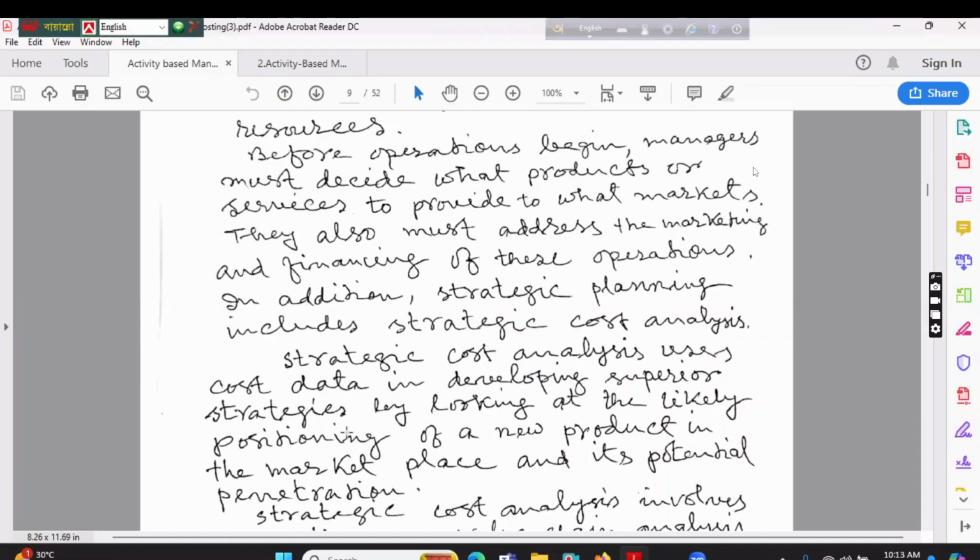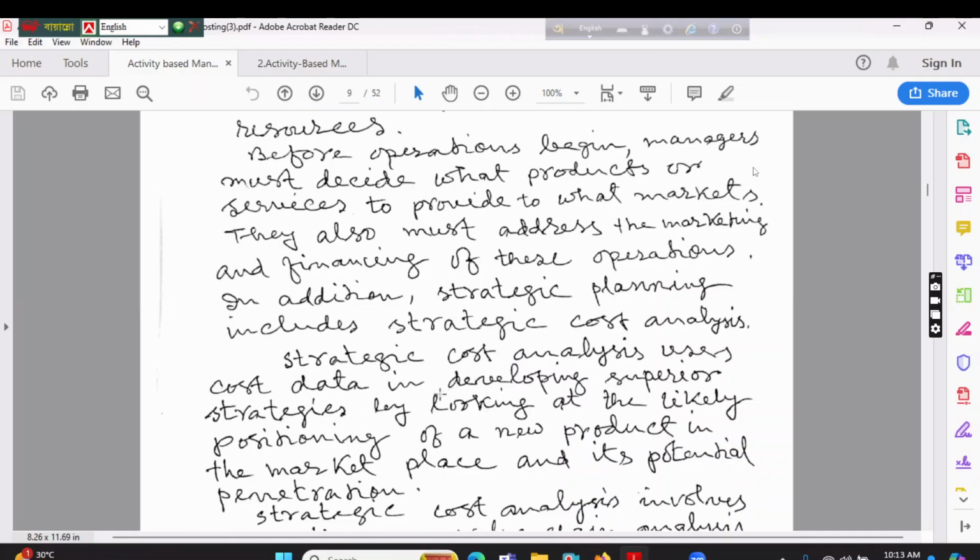In developing strategies by looking at the likely positioning of a new product in the marketplace and its potential penetration. Penetration means entrance.